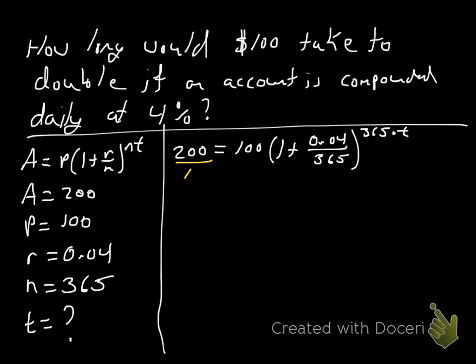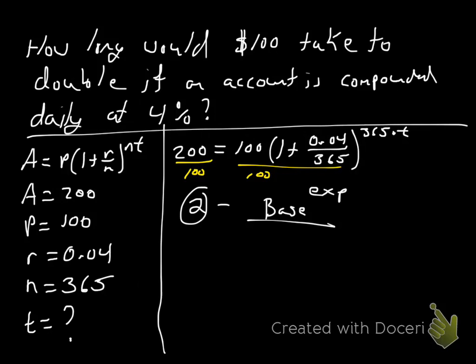We're solving for the variable t, which is an exponent, so we're going to need to isolate the exponential, so we're going to divide both sides by 100. Now notice, any problem where you're asked when is something doubled, you're always going to end up having 2 equals base and then to its exponent. Every time. Every time.